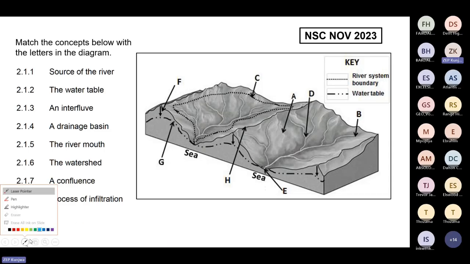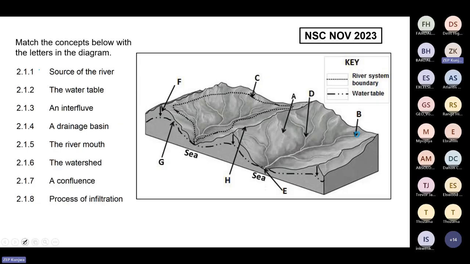So the first one, I'm going to highlight each and every answer to see where we get it. They say the source, 2.1.1, the source. Which letter gives us the source? Look at B there. It's telling us where the stream starts. That is your source.